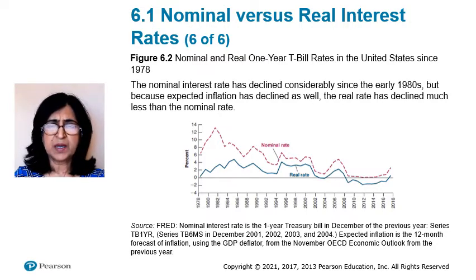Put another way, despite the large decline in nominal interest rates, borrowing was actually more expensive in 2006 than it was in 1981. This is because inflation, and with it expected inflation, has steadily declined since the early 1980s.